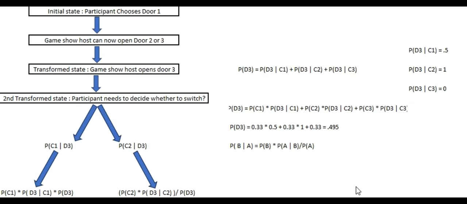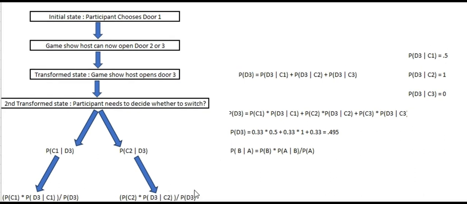So if we now apply Bayes theorem to the first condition, which is the probability of finding a car behind door 1 given door 3 is opened, the expression is at the lower left bottom corner. And similarly, the same Bayes expression is given in the right bottom corner.